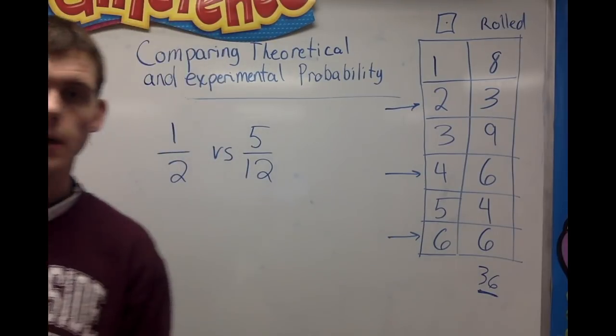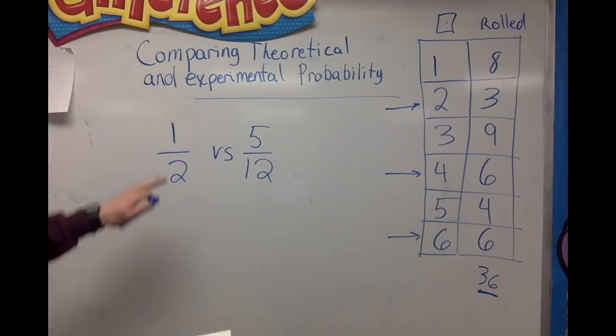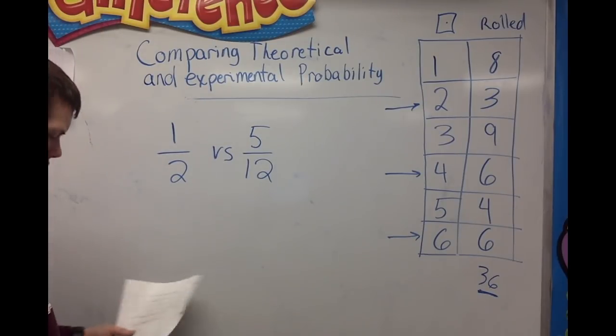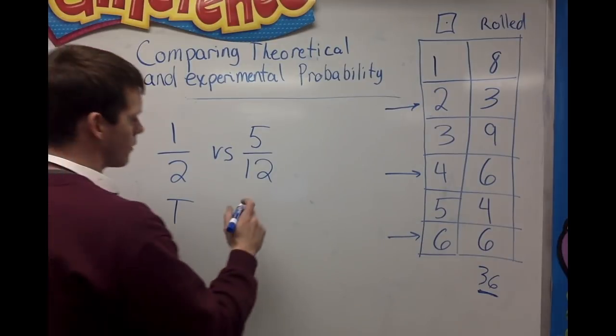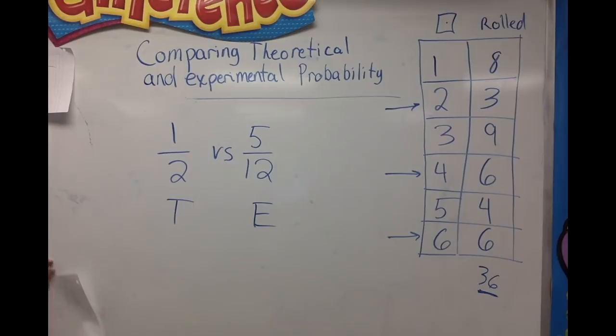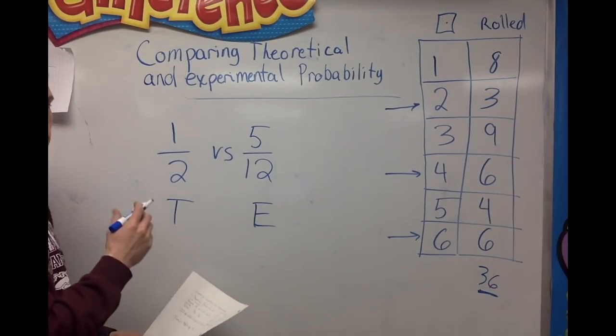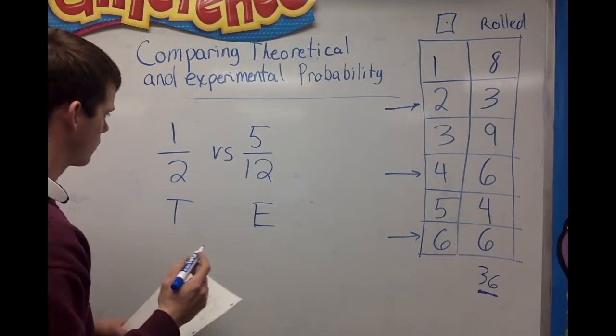The last part of comparing is we're going to look at our results. On the left is our theoretical probability. On the right is our experimental probability. So let's look at those numbers. First, which one is bigger?